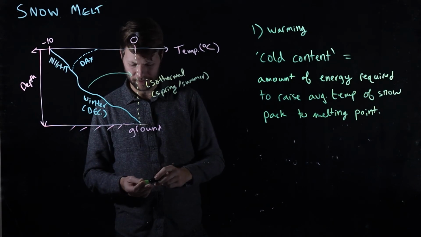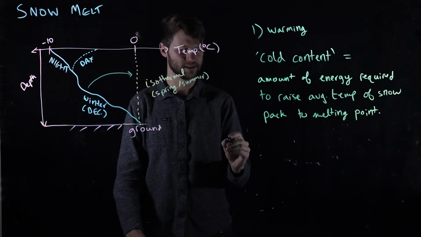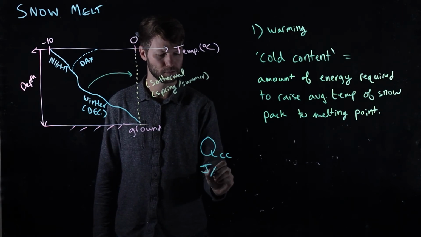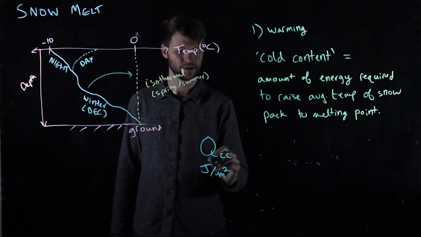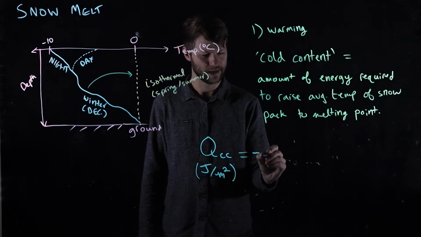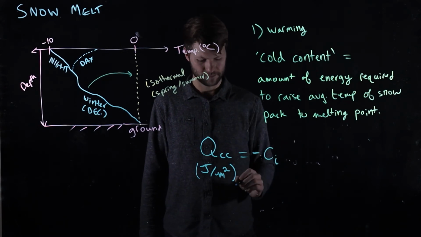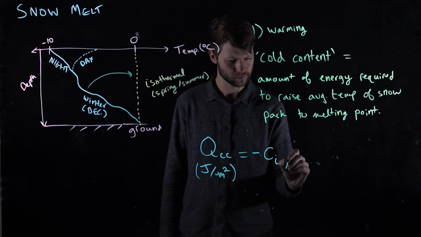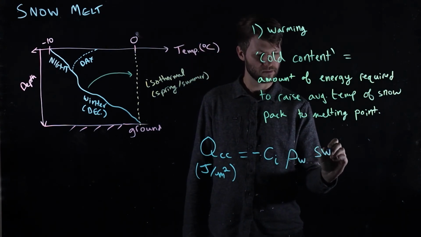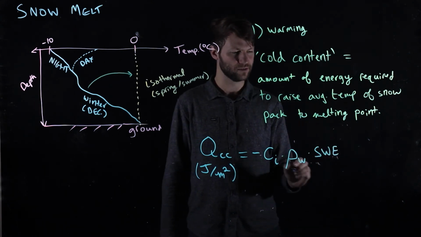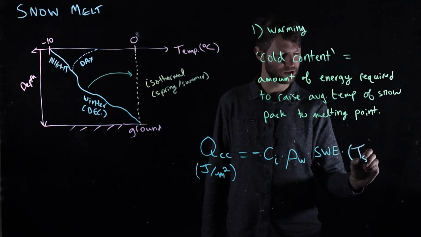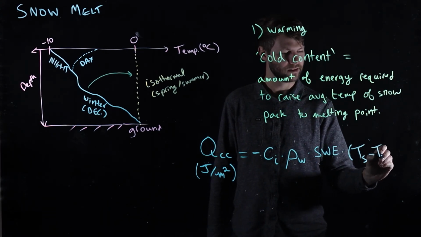So, to define it mathematically, we're going to say that the cold content, Q sub Cc, which will have units of joules per square meter, so this is the amount of energy per area, looking down from above at the snowpack, is going to equal the following: negative C sub I, which is the specific heat capacity of ice, rho sub W, the density of liquid water, the snow water equivalent, and then finally the average temperature of the snowpack minus the melting temperature.